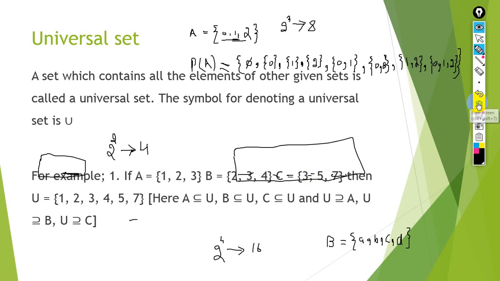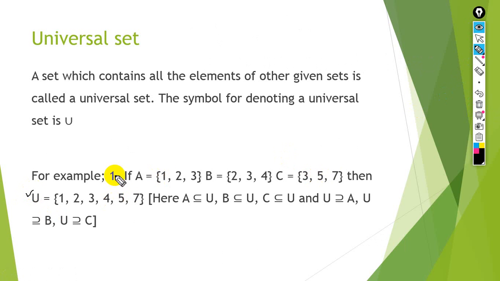So we can say that U is the universal set of set A, set B, and set C. Why is U the universal set of all these sets? Because all the elements of all these three sets are included in this U set. All the elements or members of sets A, B and C are present in the U set. So we say that U is the universal set of A, B and C.